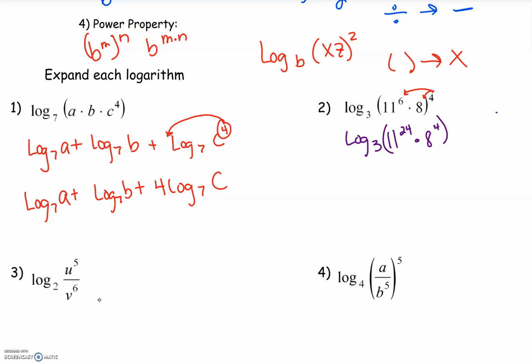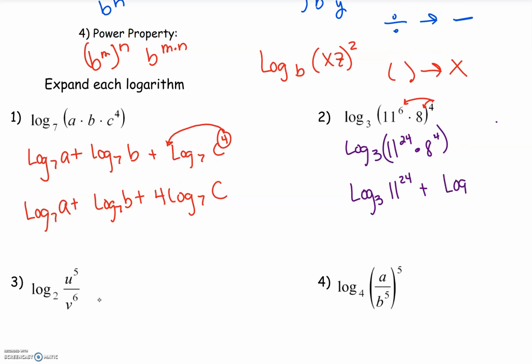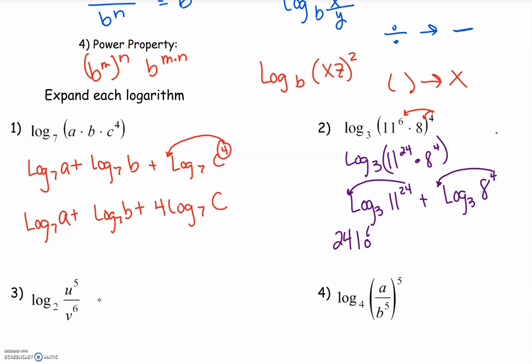Now we'll split it up with addition. So log base 3 of 11 to the 24th plus log base 3 of 8 to the 4th. And now we'll move those exponents to become the coefficients. And 4 log base 3 of 8, 4, not 8. The exponent becomes the coefficient. And there's our answer.